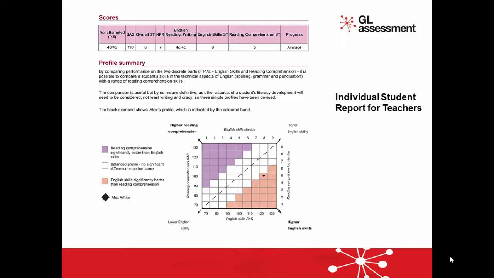And this particular individual falls into the average progress category. In terms of a profile summary, there is a scatter graph also showing where their relative difference between the English skills and their comprehension skills lies, and in this case it lies towards English skills rather than reading comprehension.